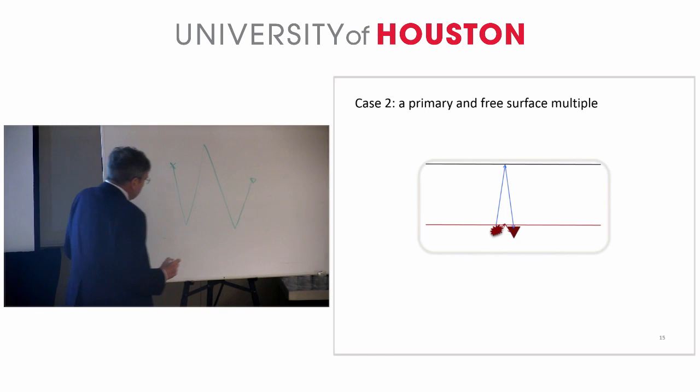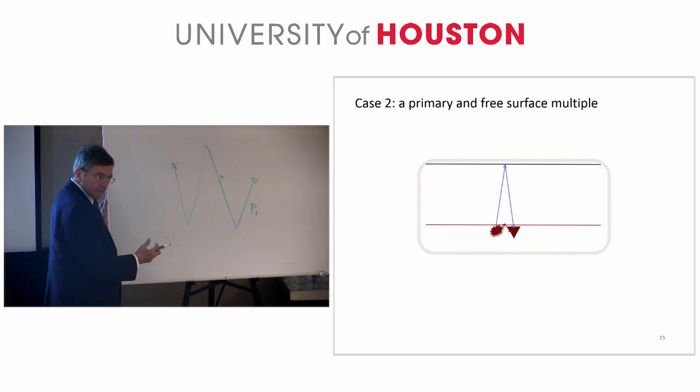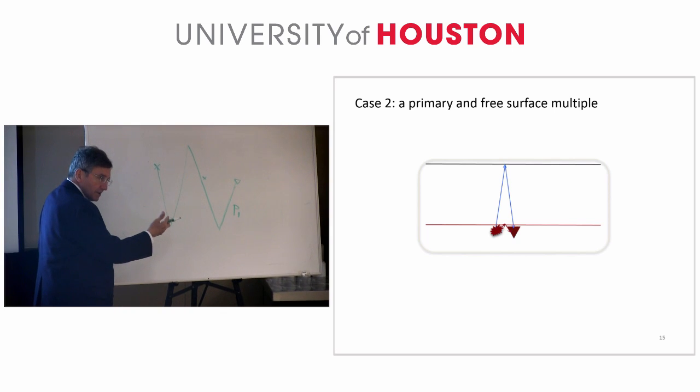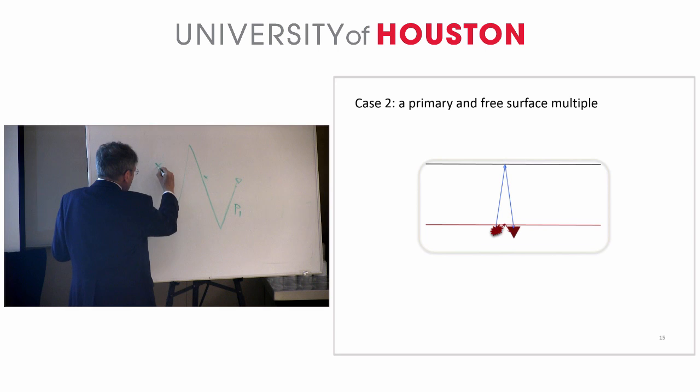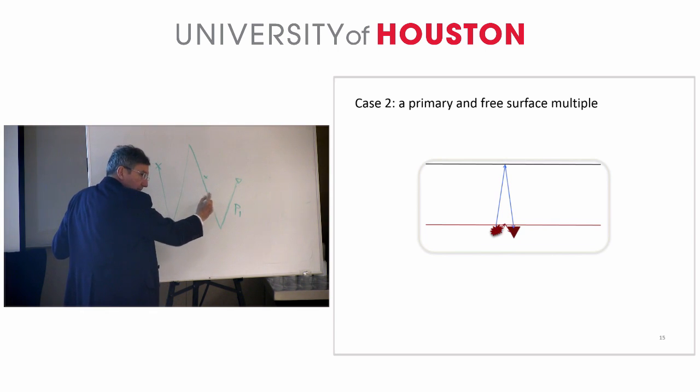So imagine that this primary, let's call it primary 1, yes? This primary was not recorded. It's missing in your acquisition. And you want some approximate image of it, yes? And imagine that they measured this, that you recorded the multiple, yes? Number 1, you recorded the multiple.